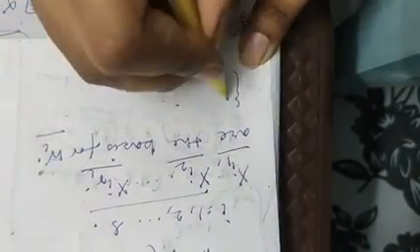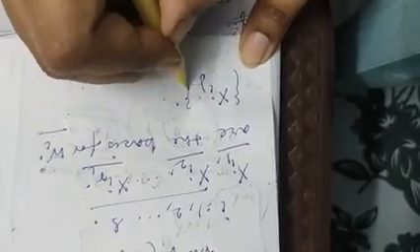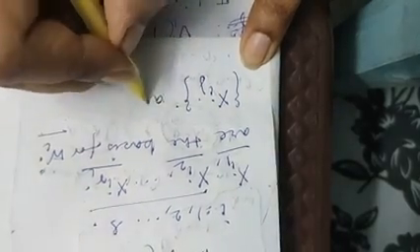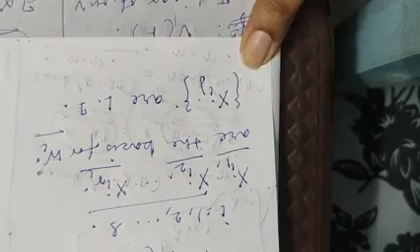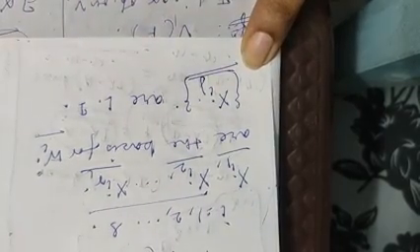Now we will show that all these xij vectors are linearly independent over K. We need to prove that this set is linearly independent.